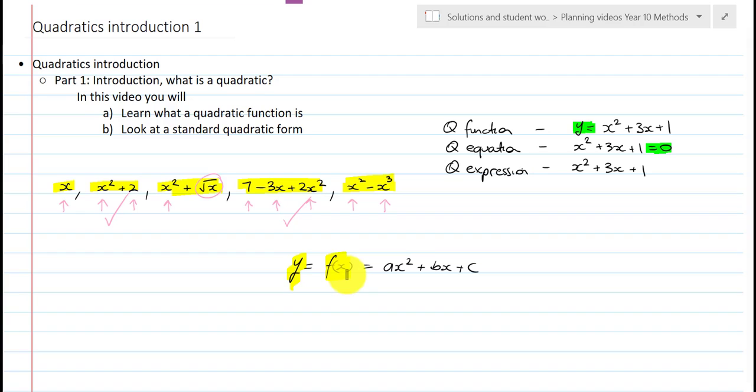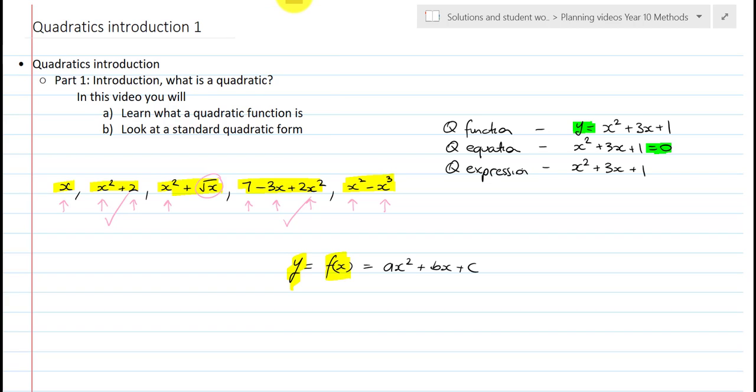Y and f of x are fairly interchangeable. Y is just our other variable. F of x is saying a function of x equals blah, blah, blah. And f of x is nice because it's really a good way to do substitution. We can now write f of 7 and take x out and put 7 in. So it means the same as y. It has some different little nuances that you'll learn about as we move forward.